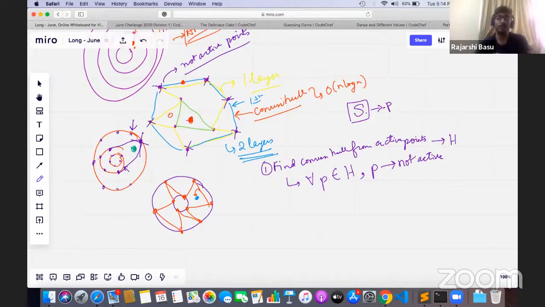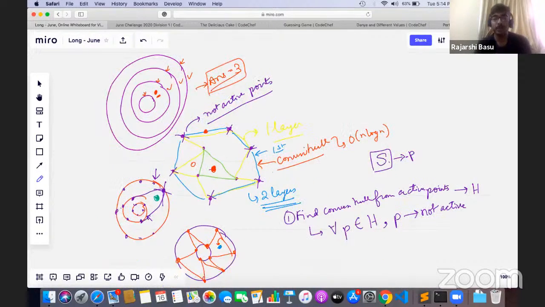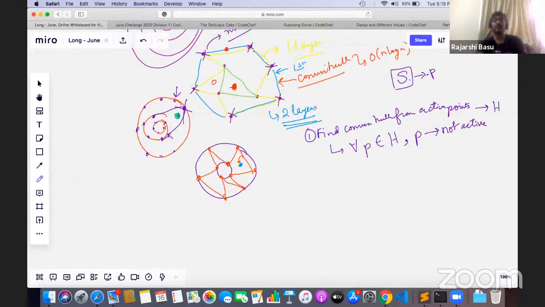You don't actually have to code this. You only have to code this part, that how many convex hulls does my point lie inside. This part wasn't required to be coded, but it should be clear that it effectively maintains this condition as well. Okay, so now this was more or less the entire problem.